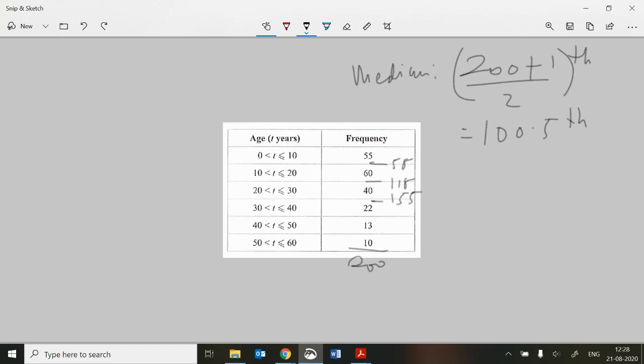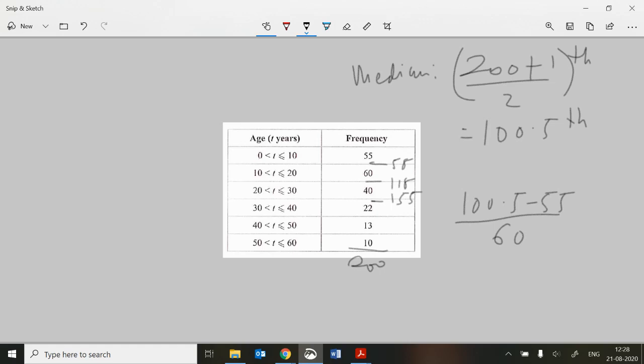The question is, how far through the category does it lie? Well, what we need to do is say we've got 100.5, take away the 55, the start of the category. That's how far through this thing we are, out of 60 as the total. So we're saying, what fraction of the way through the category are we here?